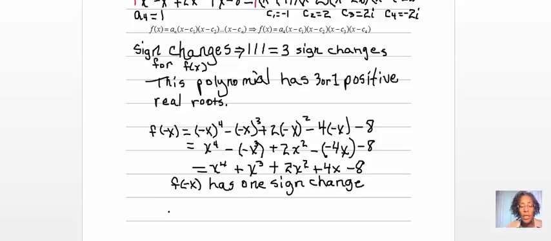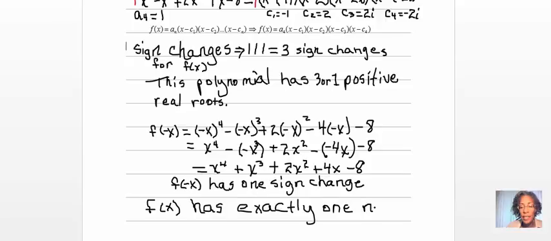So f of x has exactly one negative real root.